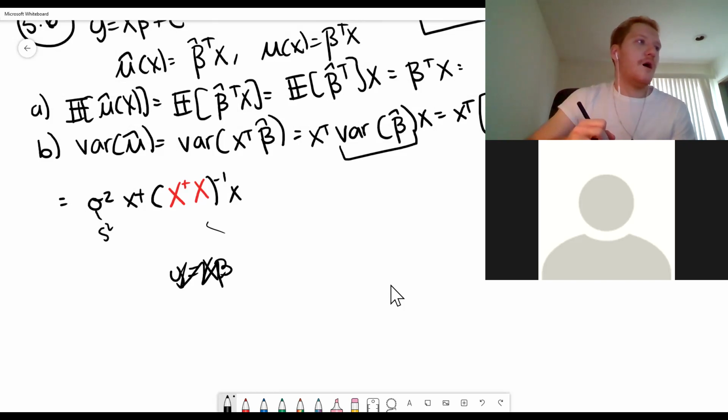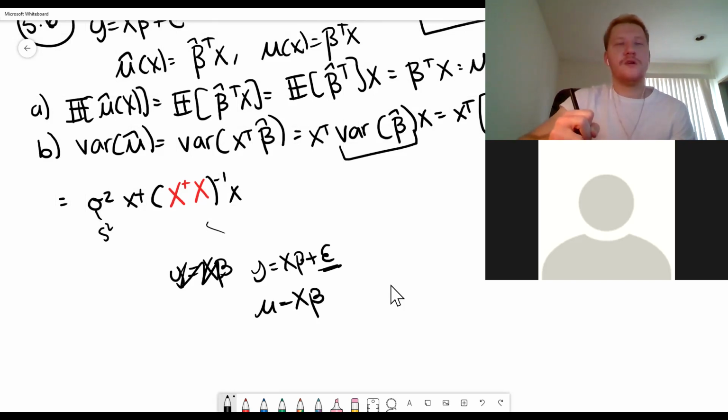I don't know how to write that. What I should say is y is equal to x beta plus epsilon, and then mu is equal to x beta. So this is equal to mu of x. It's not equal to y of x.